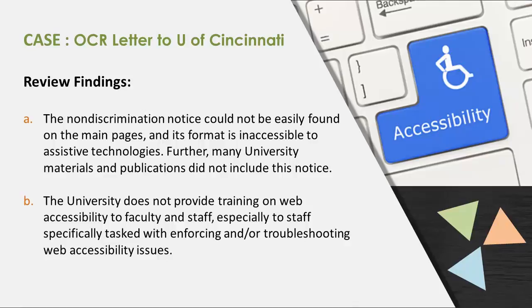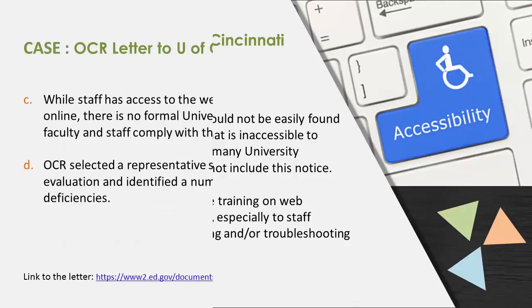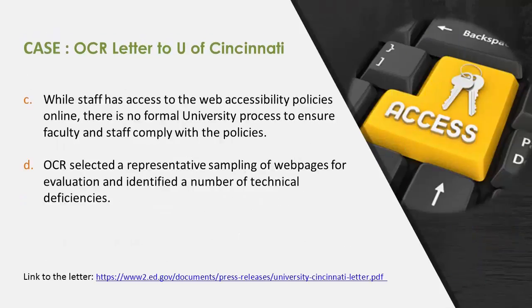Second, the university does not provide training on accessibility to faculty and staff, especially to faculty tasked with enforcing or troubleshooting web accessibility issues. Third, while staff has access to the policies online, there's no formal process to ensure faculty and staff comply with the policies.